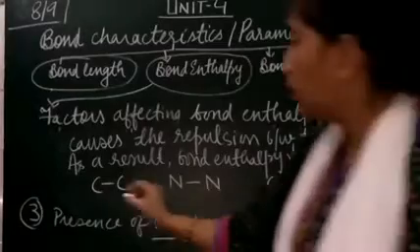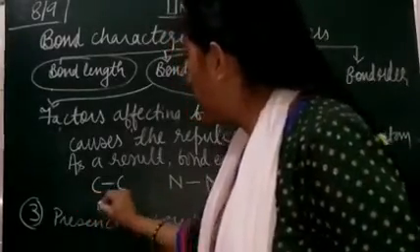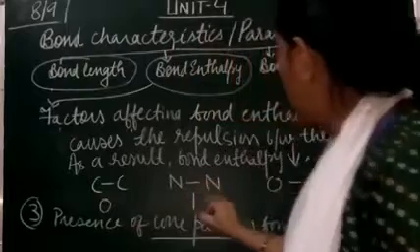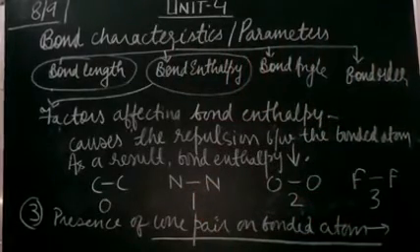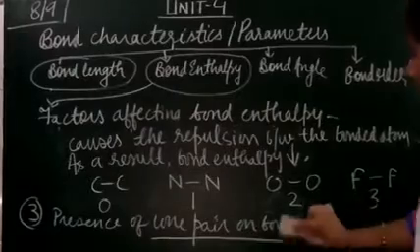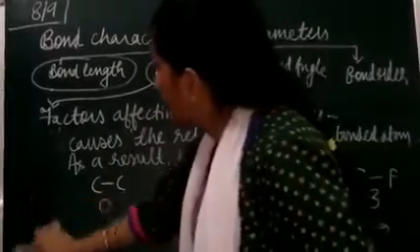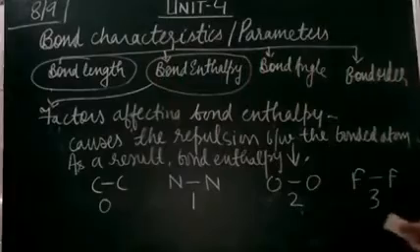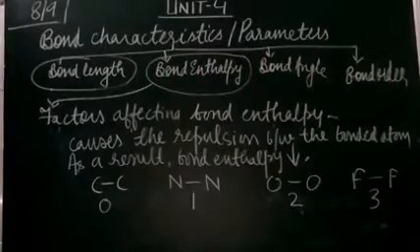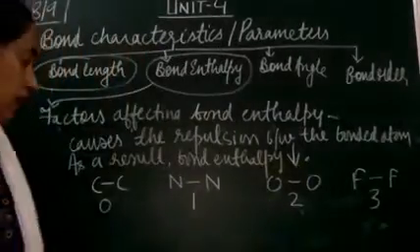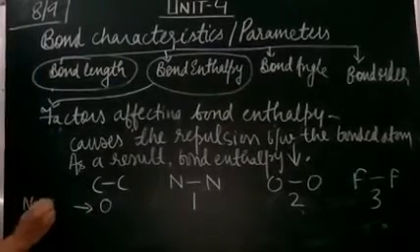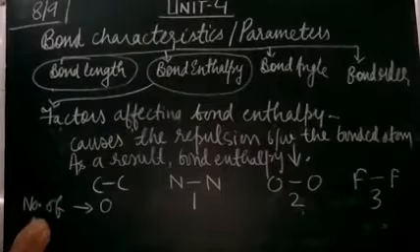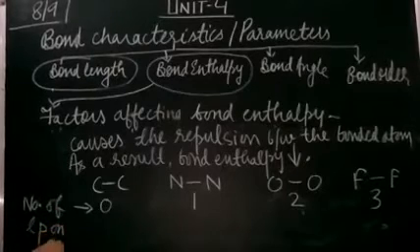Students, here the number of lone pair is 0, here it is 1, here it is 2, here it is 3. I think this is clear why 1, 2 and 3 have been written here. It is the number of lone pair on each atom.